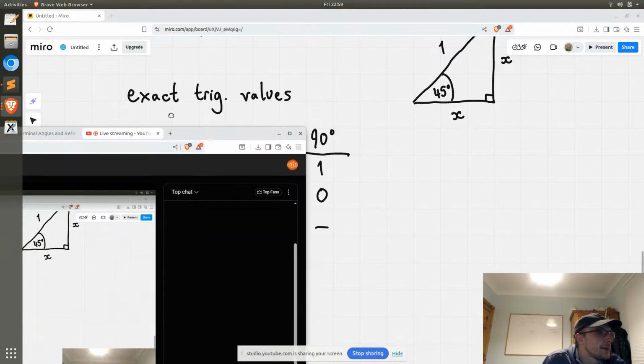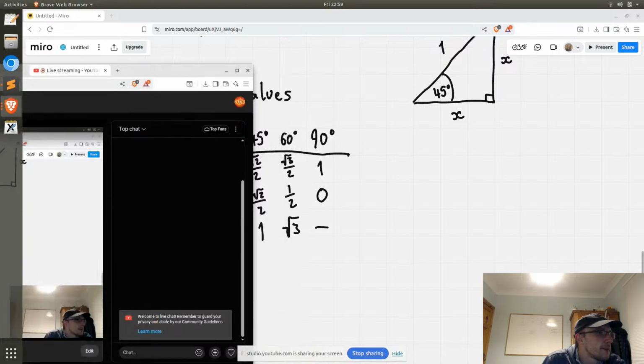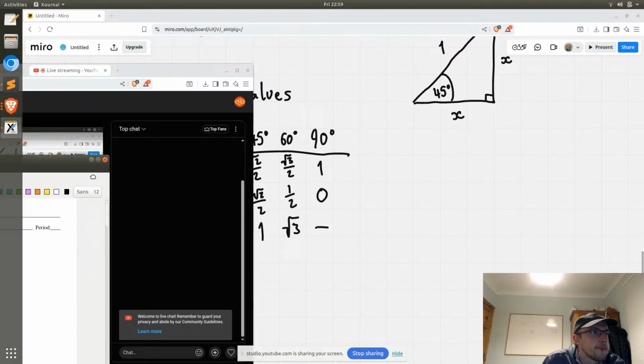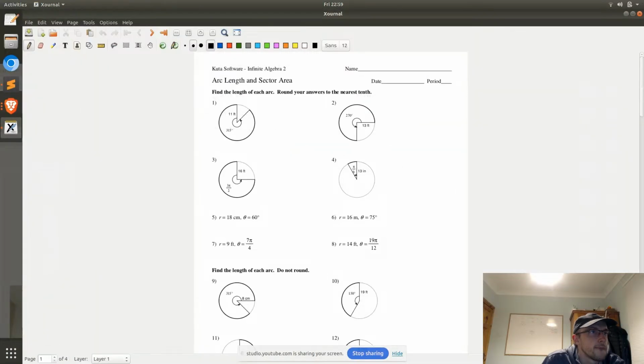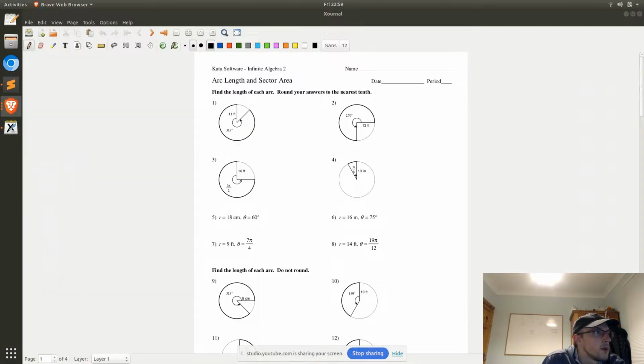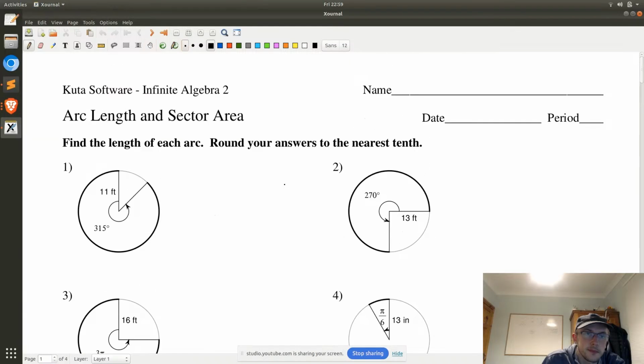Next up, I'm going to do this one. Finding the length of each arc.